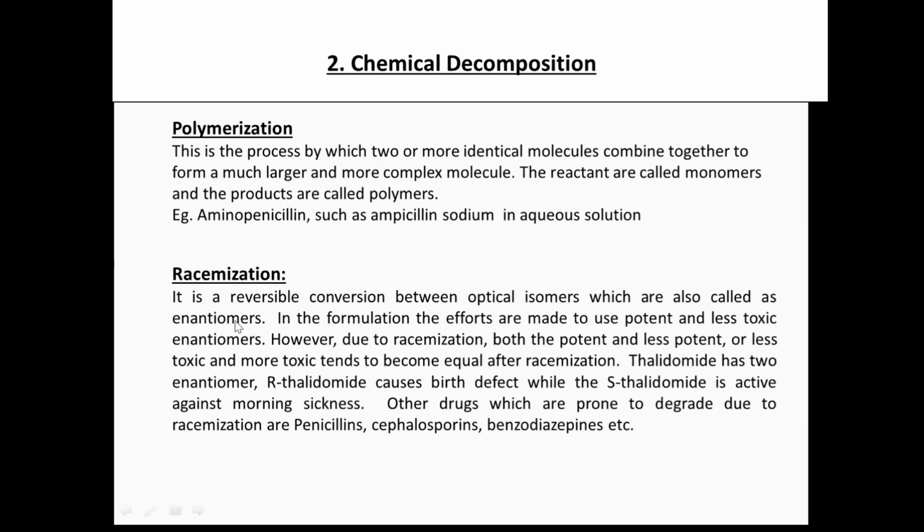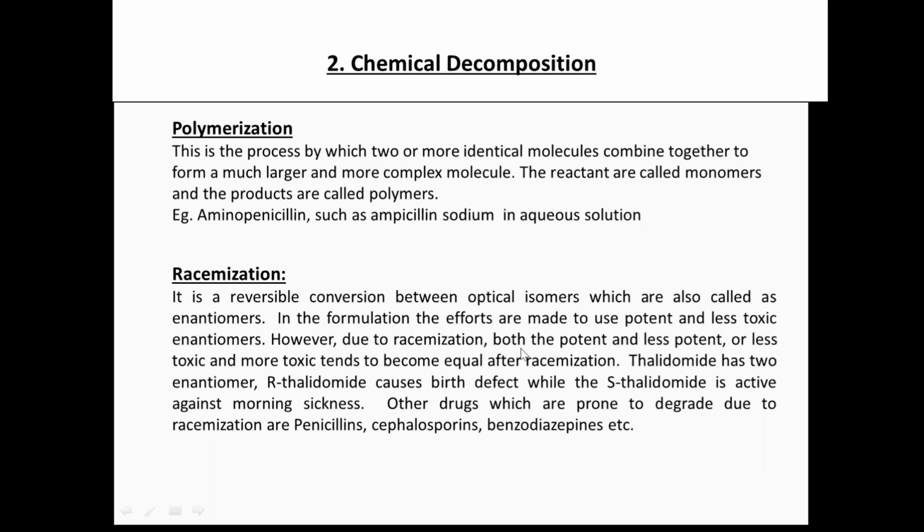Another is racemization. What is racemization? It is the conversion of one type of enantiomer to another type of enantiomer, plus enantiomer to minus enantiomer. It is a reversible conversion between optical isomers, also called enantiomers. In formulation, efforts are made to use potent and less toxic enantiomers.